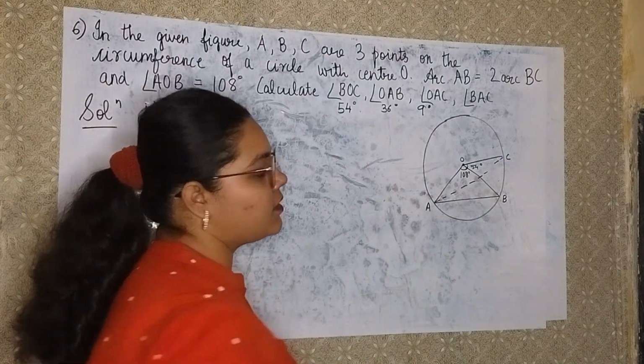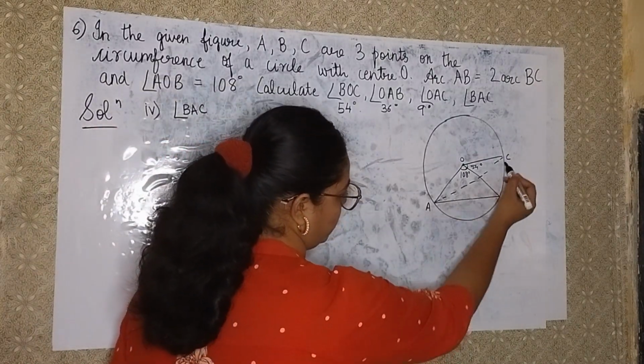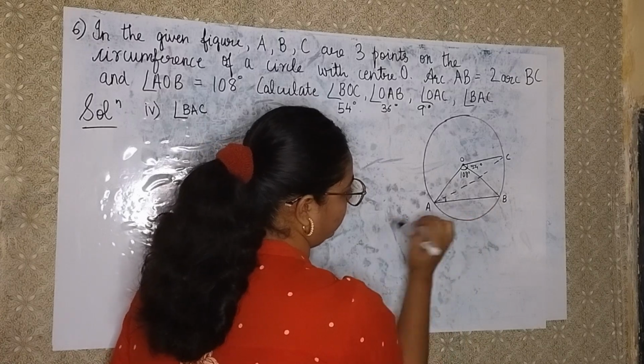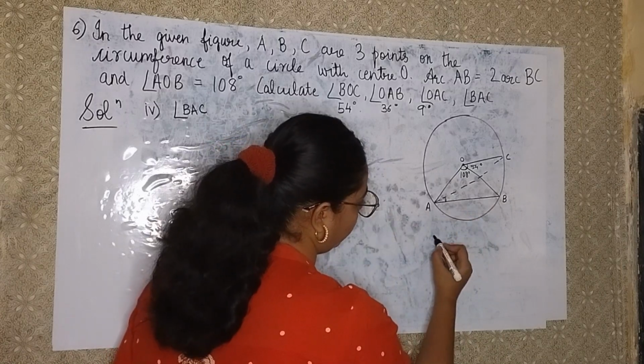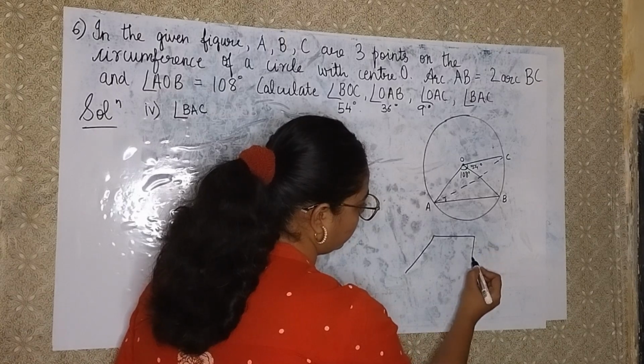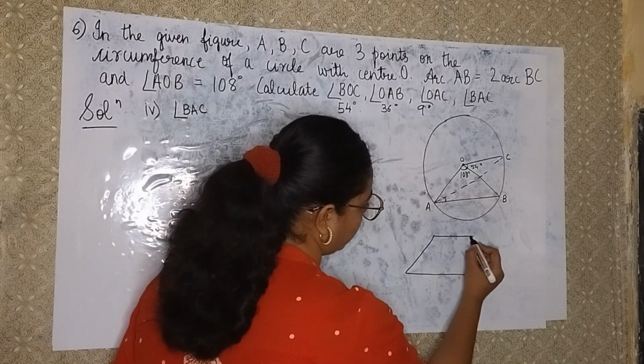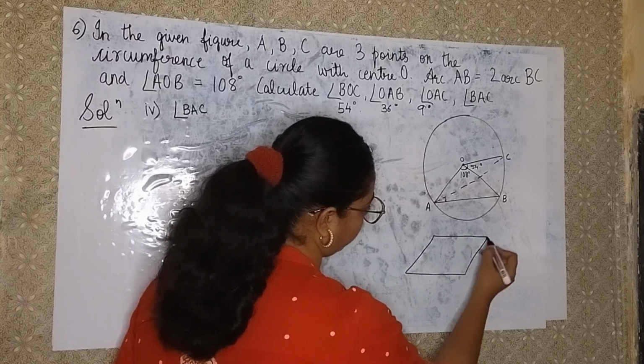Look where BAC lies in the diagram. BAC is this part of the diagram. So I'll draw the diagram over here. It's somewhat like this.